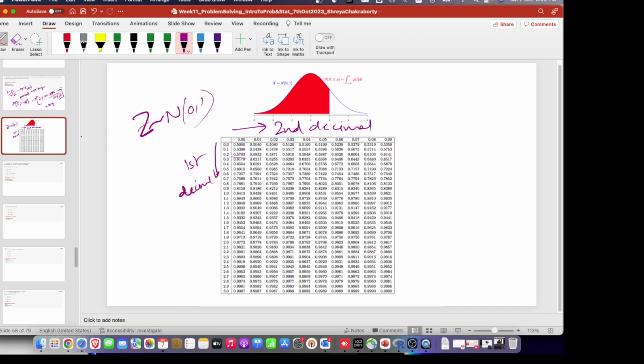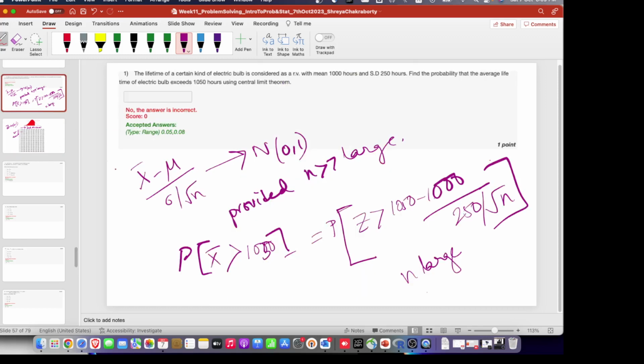Whatever value we get, we do a 1 minus of that to arrive at a solution. Alright, so in this problem n is not given, so we are unable to do this. We could assume n and go ahead, but that would not guarantee the required results. So yeah, that's all. This is how you should solve a CLT problem.